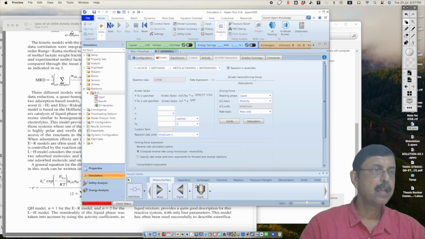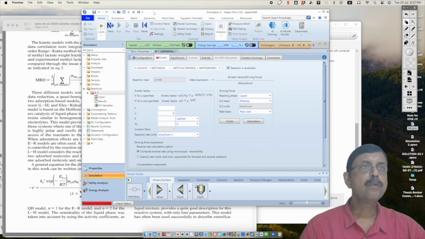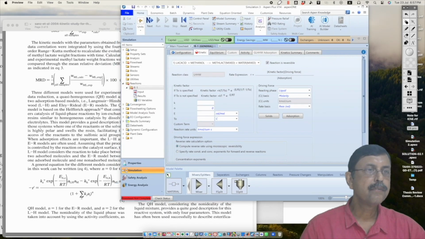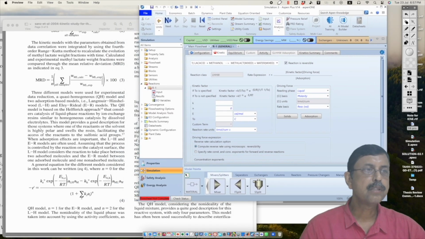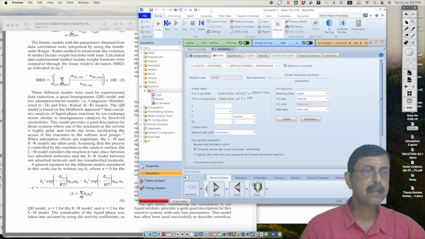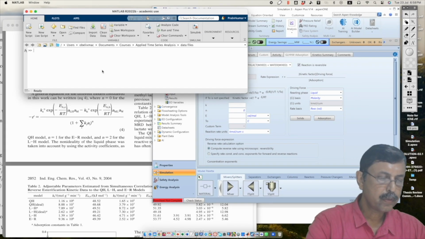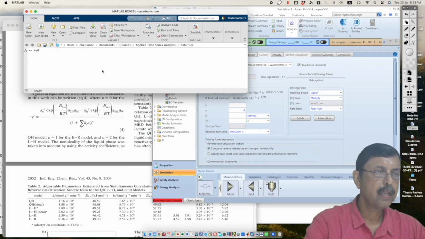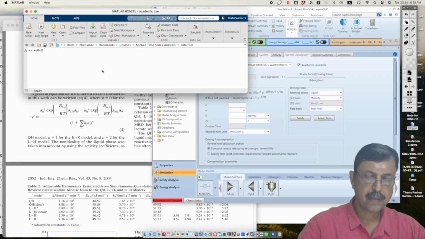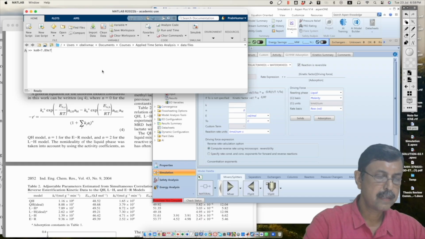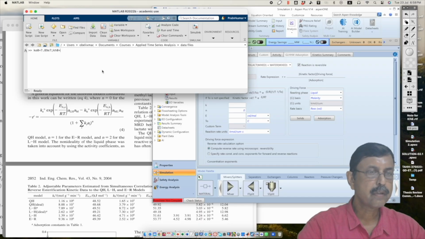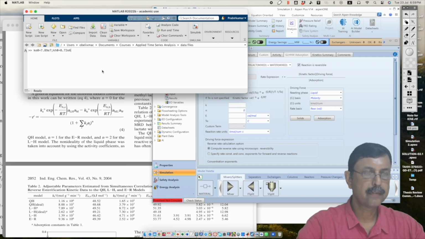Now in order to do that, first we have to check the kinetic factor from here. So K_E naught is equal to 7.89 E7 and K_H naught is equal to 8.72 E6.